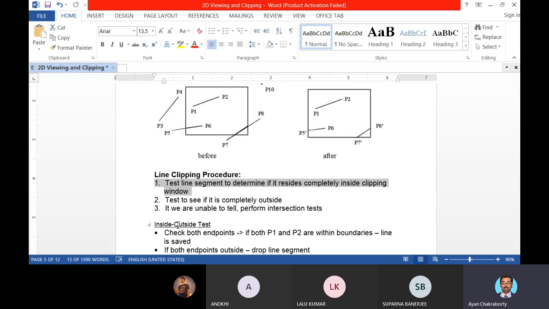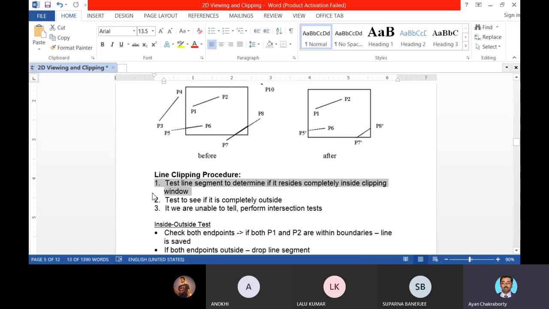If both the endpoints are completely inside the clipping window, then by closing our eyes, we can say that the total line is completely inside the window. There is no other option. Okay, so it is clear. It is very much clear to all of us that if both the endpoints of the line are completely within the clipping window, then the total line will also be completely inside the clipping window. So no problem for that.